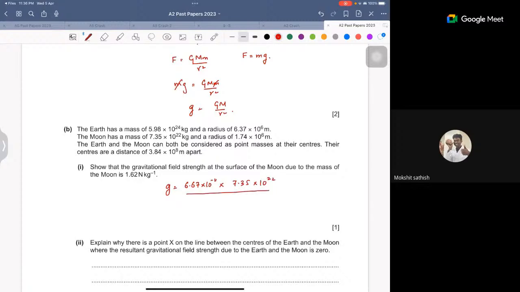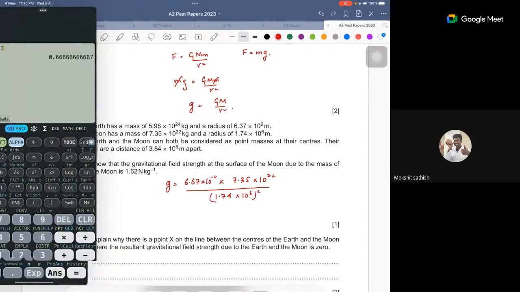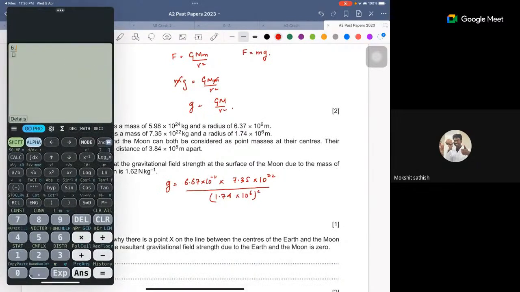Because we're talking about the surface, you put the radius, which is 1.74 times 10 to the power 6, and the whole squared.